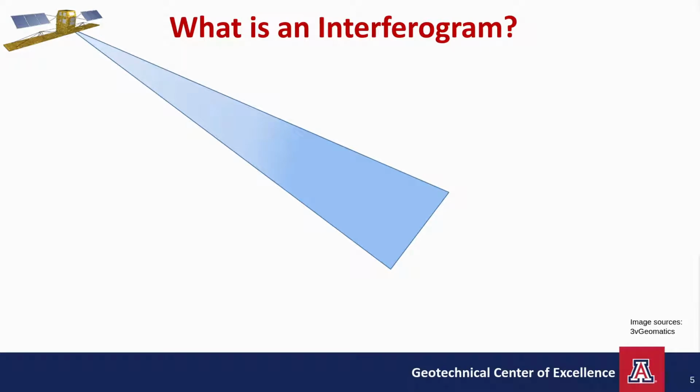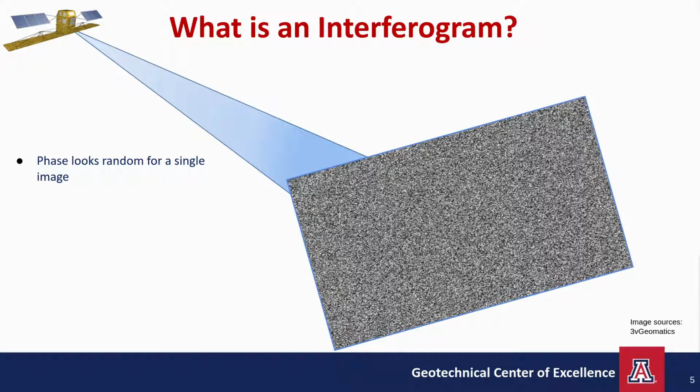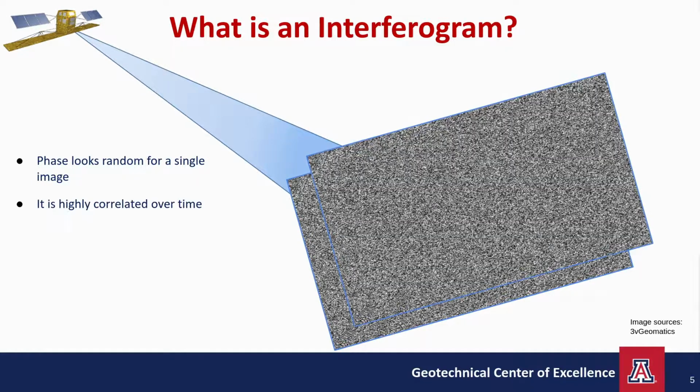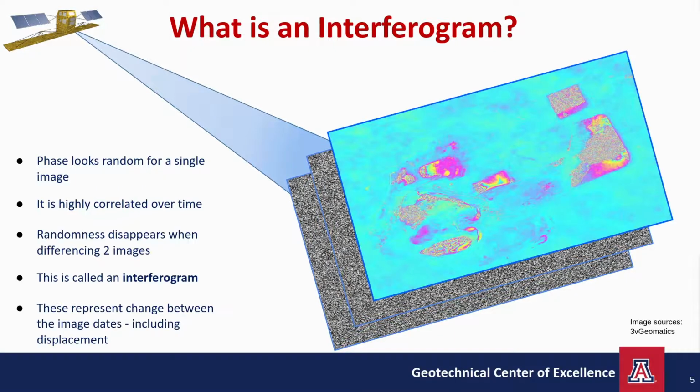Also recall that the phase appears random for a single image, but actually it's highly correlated over time, as long as there's not too much time between the images and a few other conditions hold true. When we difference the two phase images, the randomness disappears. The phase difference image is called an interferogram, and this is the fundamental observable for InSAR.